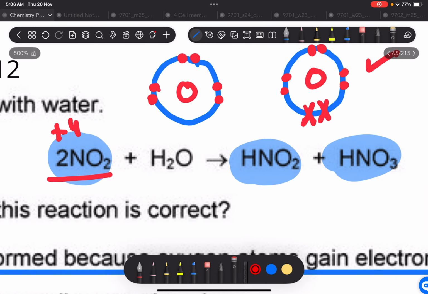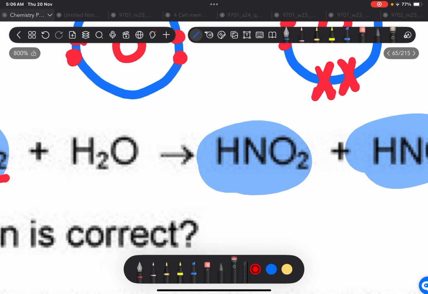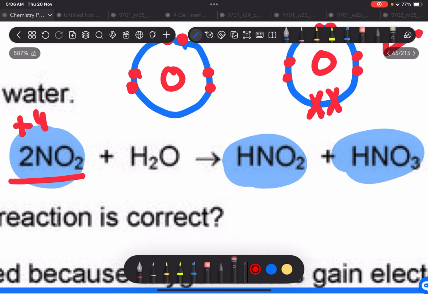So now let's check the oxidation number in HNO2. Over here, oxygen's oxidation number is going to be negative 2. Since we have two oxygens, that's negative 2 multiplied by 2, which makes it negative 4 for oxygen in total.